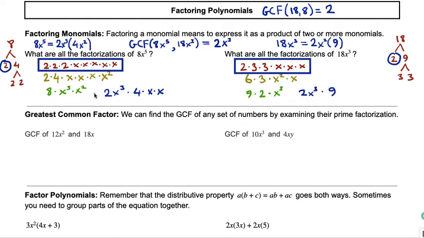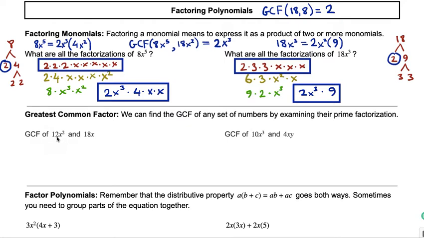Those are the two factorizations that are actually useful, at least in this context. Okay? So we're going to bring that idea straight into greatest common factor and apply it to each of these two examples going forward.